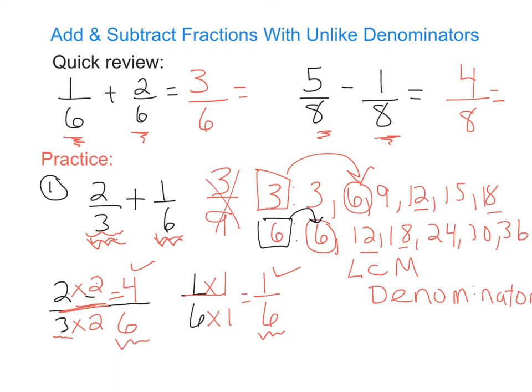And when I add 4/6 plus 1/6, I'm going to get 5/6. And that is a way that I can add or subtract fractions with unlike denominators. So I have to make the denominators the same first before I can do any type of operation. And that's the work that we're going to be practicing on. So let's look at doing another example.